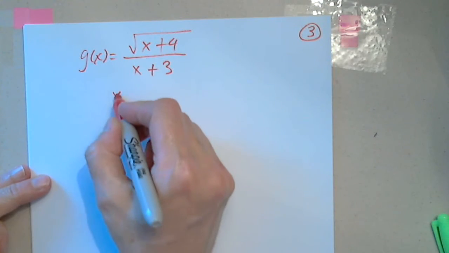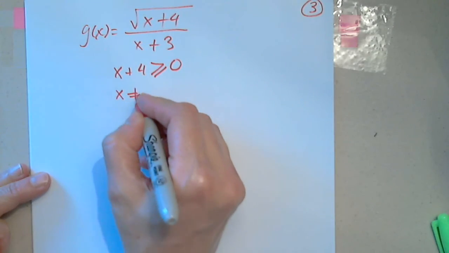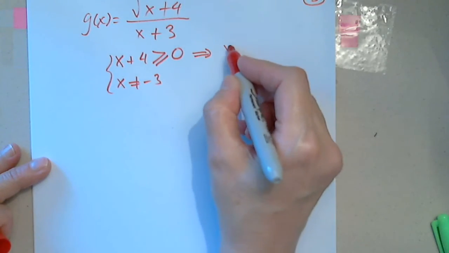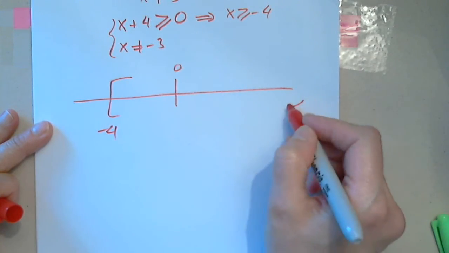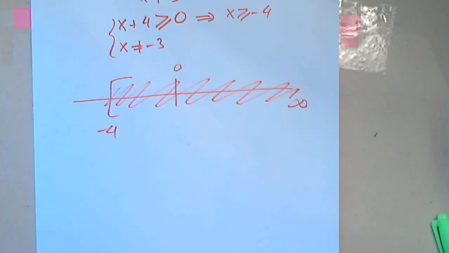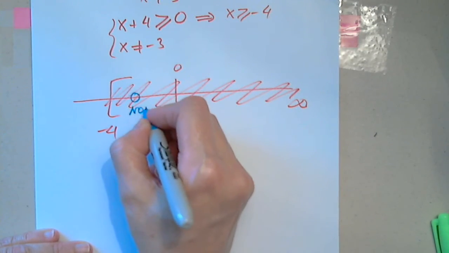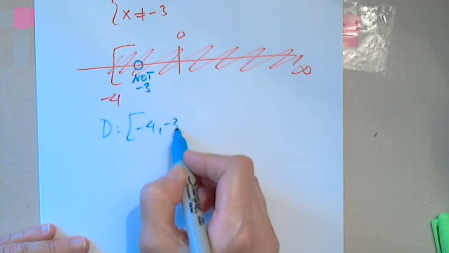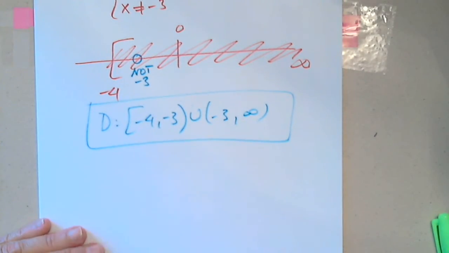So, first of all, I have to write that x plus 4 has to be greater than or equal to 0. And then I have to write that x cannot equal -3, because x plus 3 cannot be 0. So this one means x greater than or equal to -4. On the real line, -4 to infinity. But I'm not allowed to pick -3. Not -3. So the domain of this function is -4, -3 union -3, infinity. There are two conditions for this function.